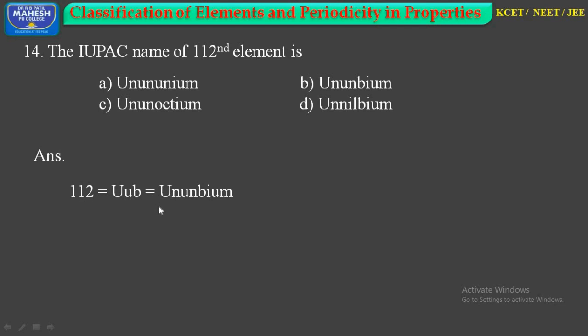So we need to represent once again un, followed by the third digit is 2. So the letter has to be bi for the number 2, and the suffix has to be ium. So in total the name is unbium. So the right answer is option B, unbium.